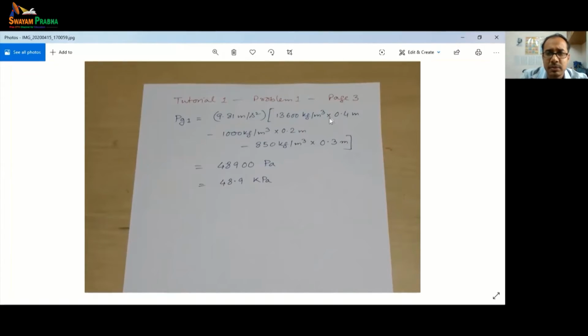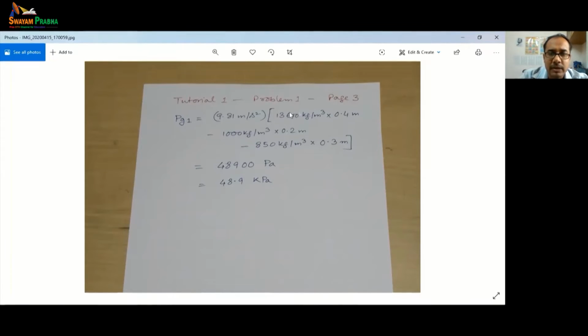This is for mercury, that's the density, and this is h3, 0.4 meter, minus this is for water, 1000 kg per meter cube, into h1, that is 0.2 meter, and minus 850 kg per meter cube, which is for oil, and that is multiplied by h2.